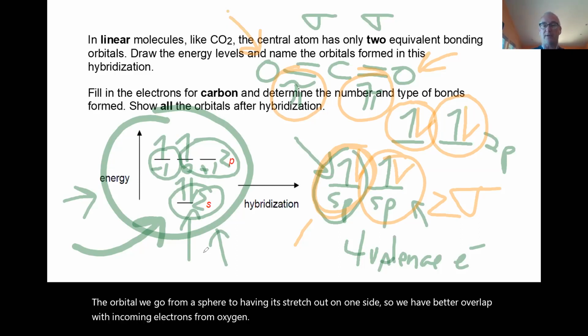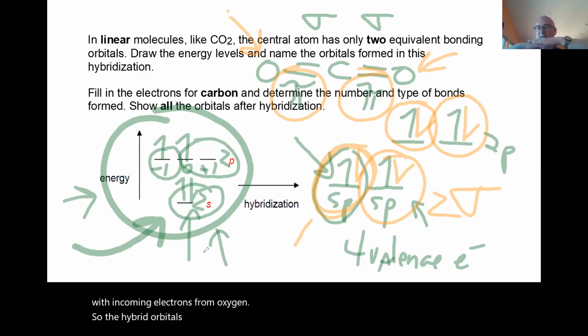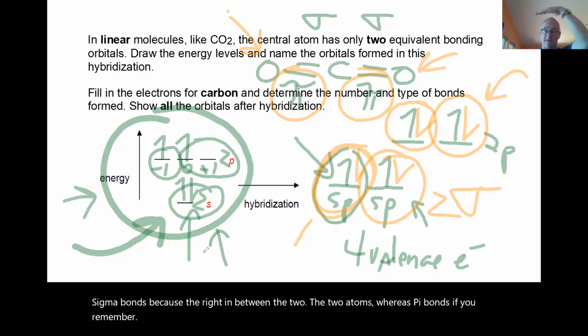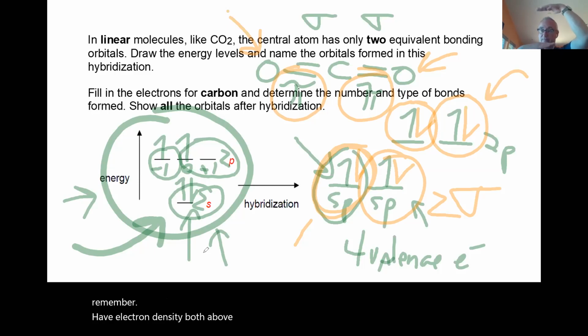So the hybrid orbitals make sigma bonds because they're right in between the two atoms. Whereas pi bonds, if you remember, have electron density both above and below the sigma bonds. Because remember, p orbitals look like this.